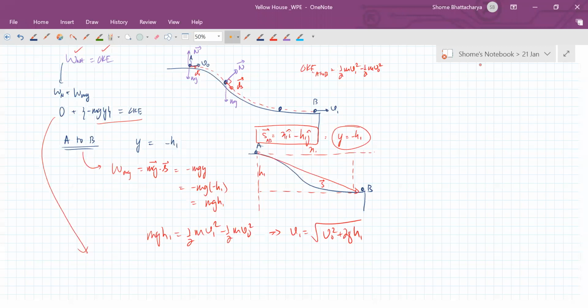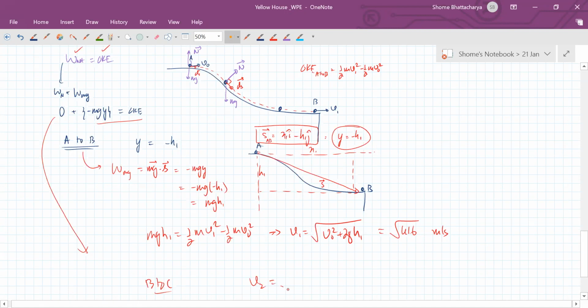And then you apply the same thing from B to C. When you substitute, it came out to be square root of 416 meters per second. And then for B to C, v2 is square root of v1 square plus 2gh2, and on substituting, that became square root of 916. Hope this is clear.